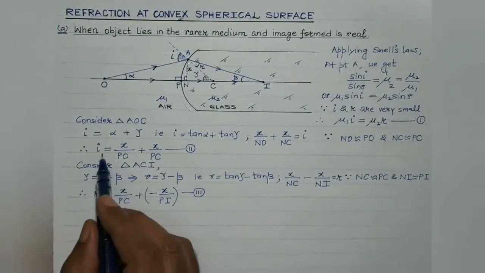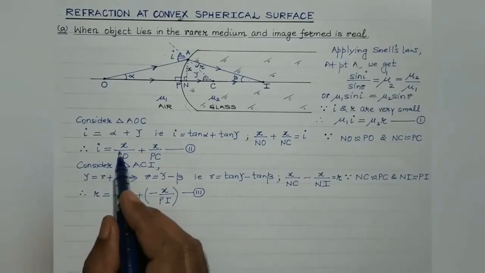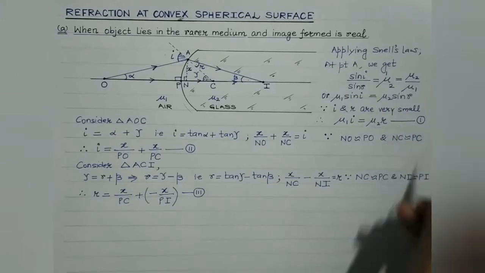Now students, we have obtained the value of I and R. Now simply what we need to do is substitute this value of I and R in equation 1.